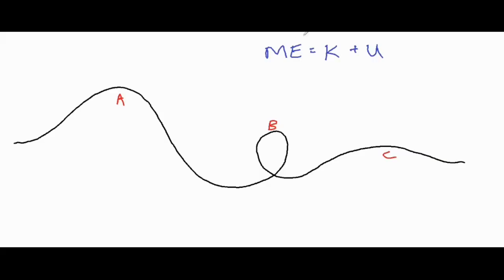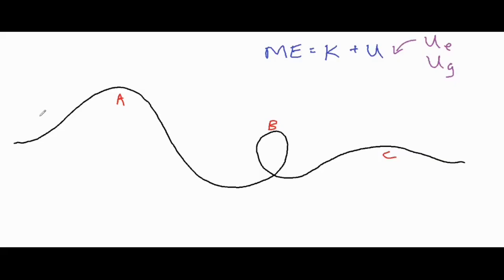So, what mechanical energy is, it is the sum of the kinetic and potential energies. The potential energies could be elastic potential energy and gravitational potential energy. In the case of a roller coaster, we don't have any elastic potential energy.